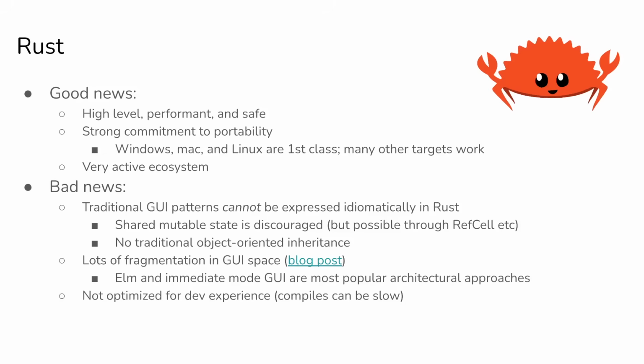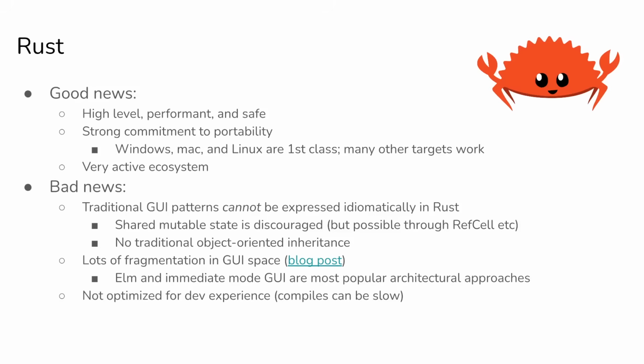So the big one is, if you have a traditional GUI pattern, we've been building GUIs since the Xerox PARC days, right? Decades. Those patterns cannot be expressed idiomatically in Rust, because they depend on shared mutable state.